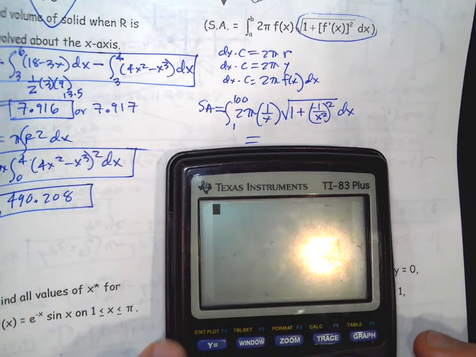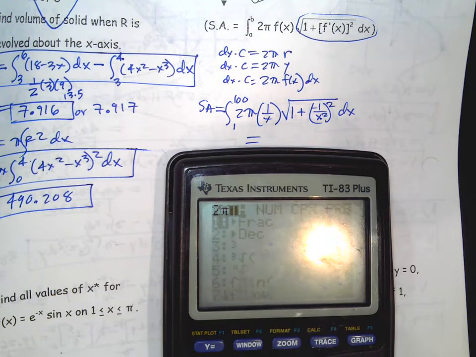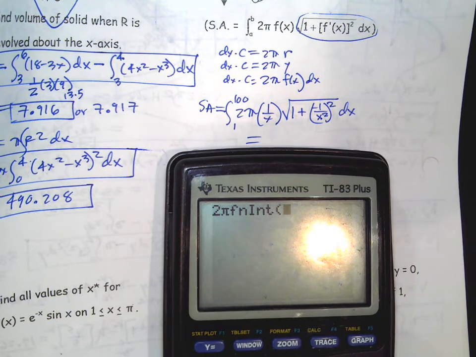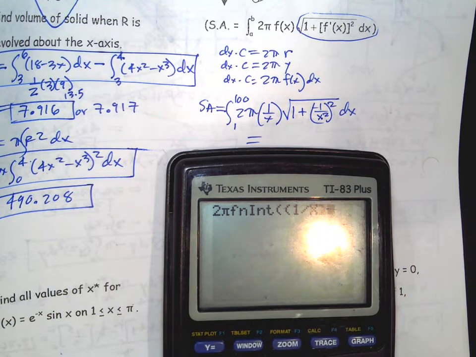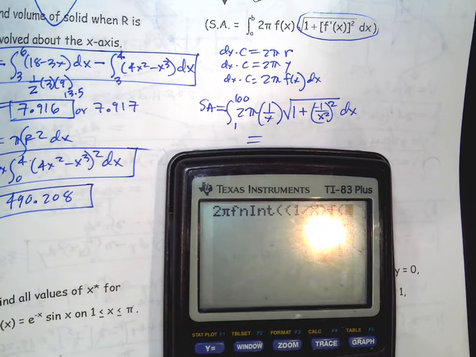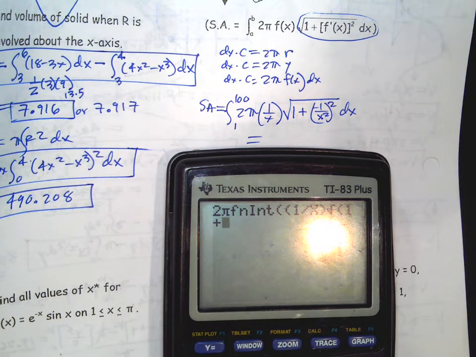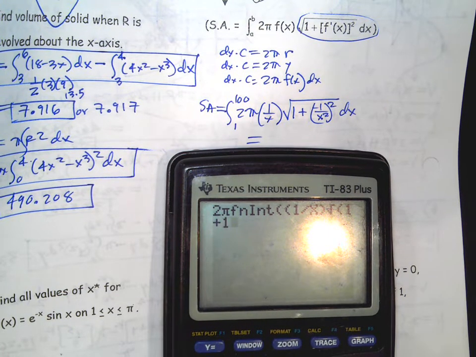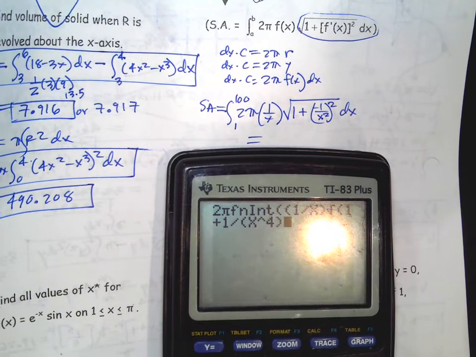So let's see, 2 pi, math 9, 1 over x, square root of 1 plus 1 divided by x to the fourth.